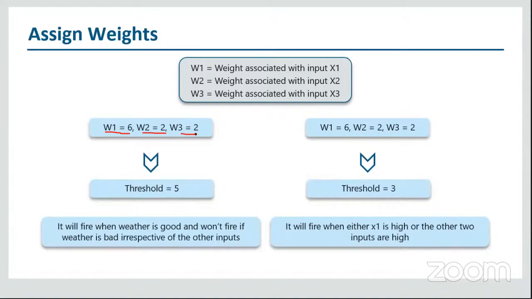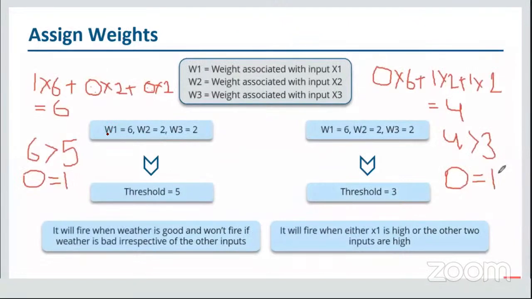Now, if you calculate with these weights, W1 is equal to 6 and the weather is good. Therefore, 1 into 6. The weight for your spouse accompanying is 2 and your wife says she is not accompanying. Therefore, 0 into 2 is 0. Public transport is not available, 0 into 2 is 0.